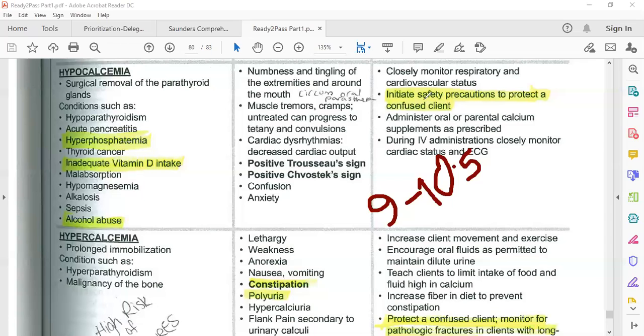The NCLEX board really likes to ask questions about hypocalcemia. For some unknown reason, they super like it.